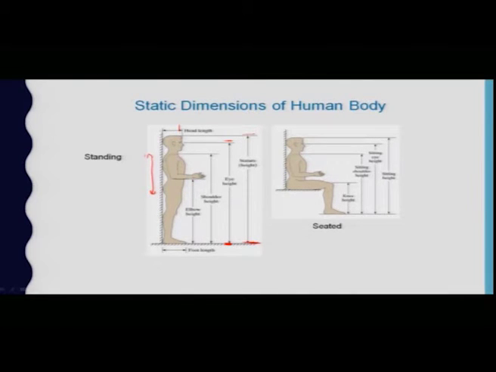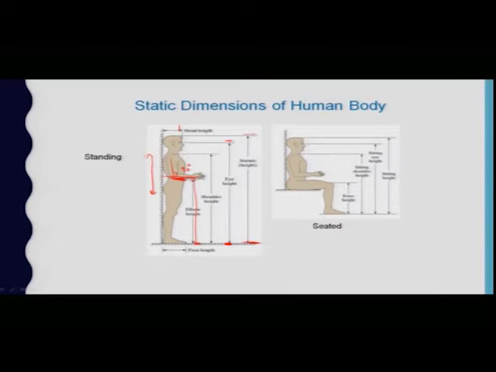In fact, the elbow height is measured here. Elbow height is defined as the vertical distance between the floor and the lowest bony point of the elbow, this is the bony point of the elbow, with the upper arm hanging freely and elbow fixed at 90 degrees.